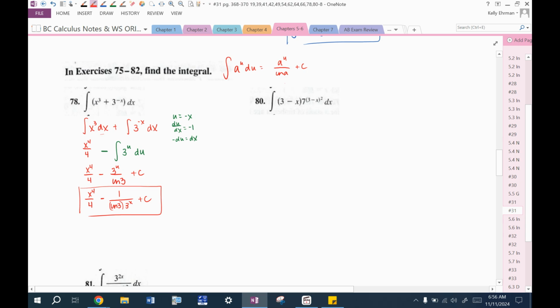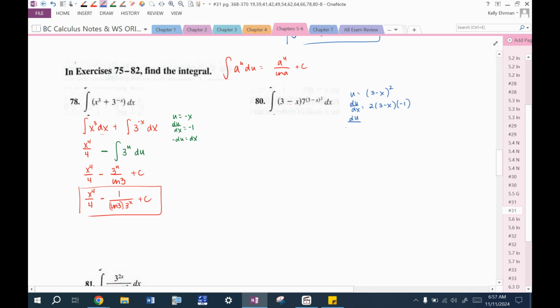Now this one I can't split into like an integral times an integral, but the fact that these are similar parentheses is your hint about u sub. So we're going to let u equal 3 minus x, the quantity squared. So du dx would equal 2 times this quantity, 3 minus x, times the derivative of 3 minus x, which is negative 1.